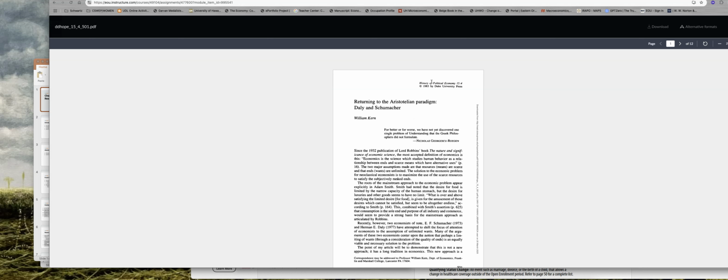This article is important because it connects some of the founders of ecological economics: Schumacher and Daly, Daly being one of the authors of our textbooks. As you can see in the title, this is a discussion that tries to trace the approach taken by Schumacher and Daly back to its first thoughts, all the way back to Aristotle. That would be Greek philosophy.